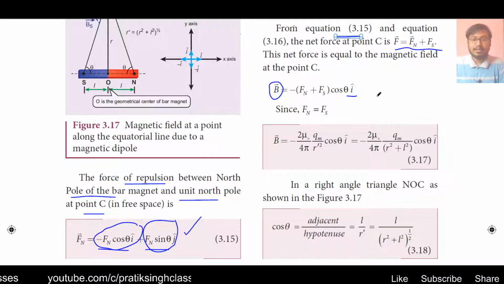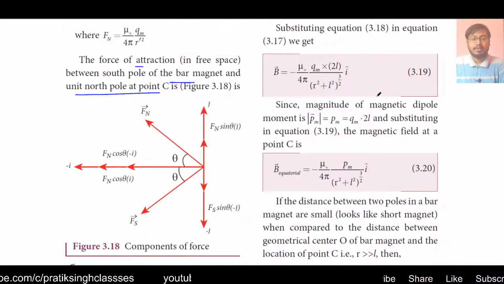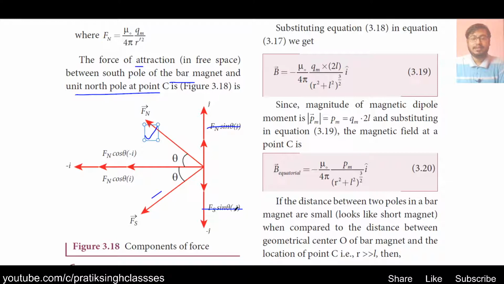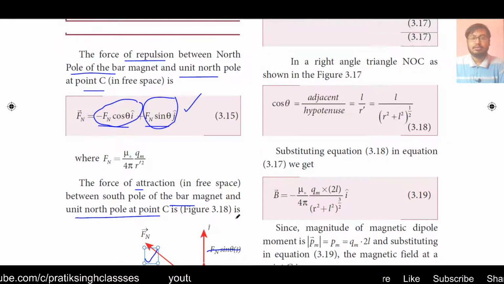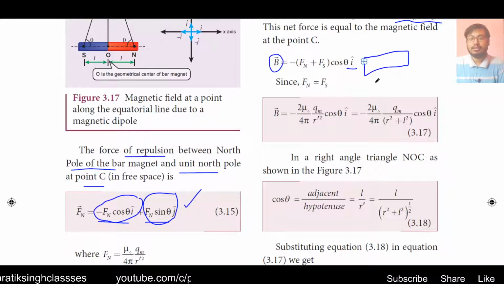Here we haven't taken the term of sin theta j cap because the y components of both the forces Fs and Fn are equal in magnitude and opposite in direction, so they will cancel each other. That is, Fn sin theta j cap and Fn sin theta minus j cap will cancel each other. So we haven't taken the sin theta or y-axis component, since Fn is equal to Fs.